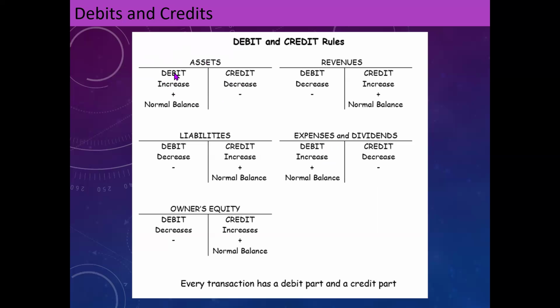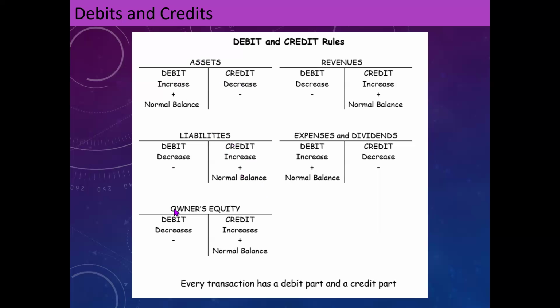If you think about where assets come from, really the only other way for me to get an asset is to decrease another asset. So if I bought a car, my car asset would increase with a debit and my cash asset would decrease with a credit. And so we'd have a debit and credit in those two accounts of equal amounts.